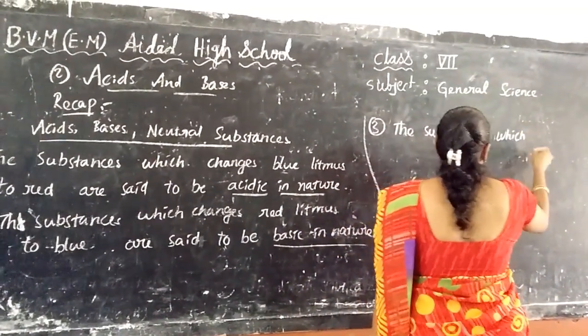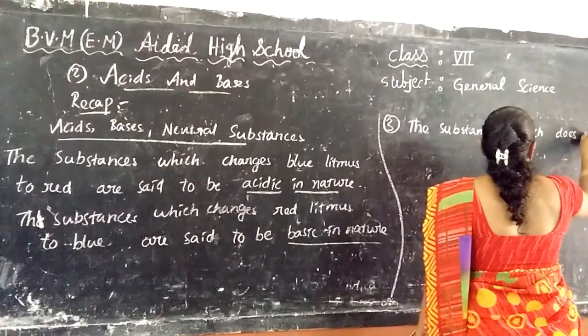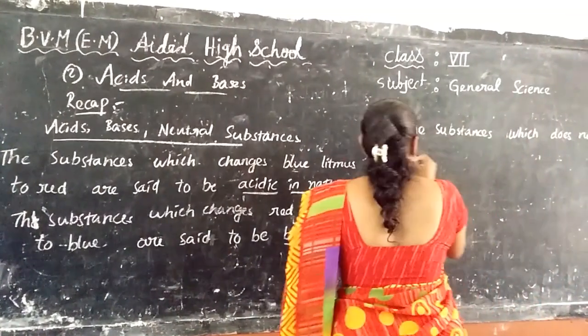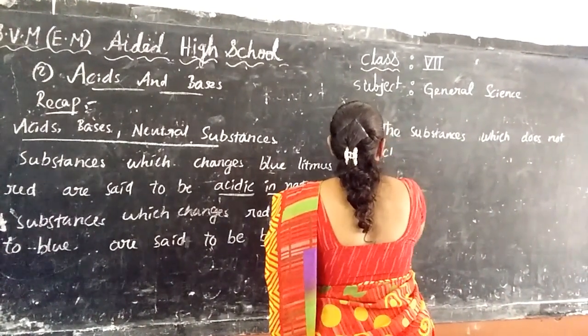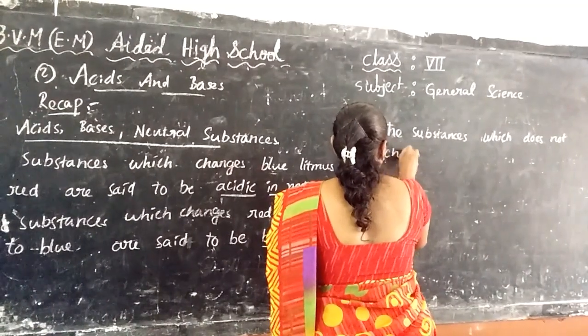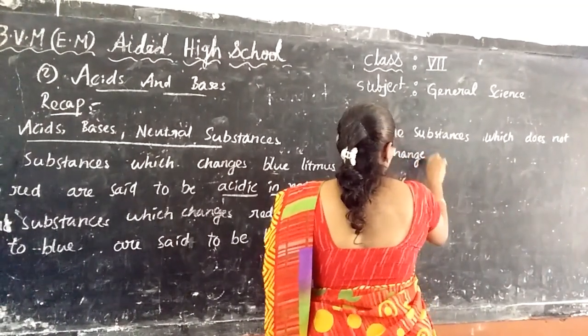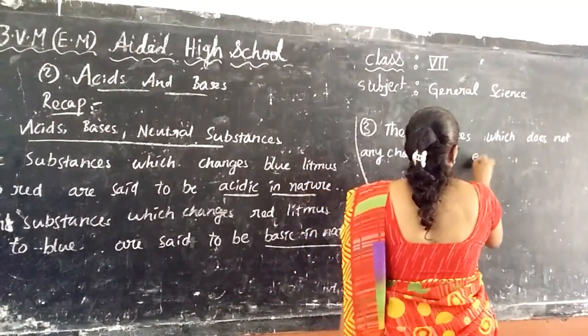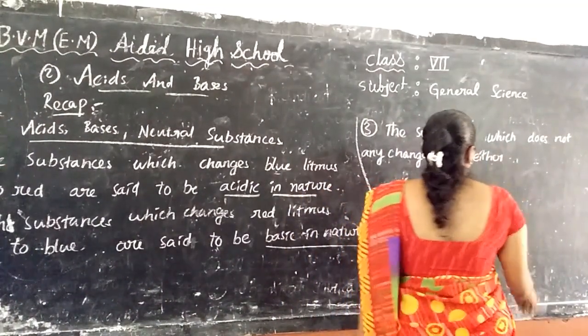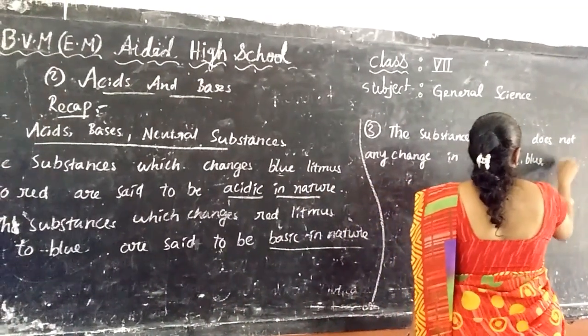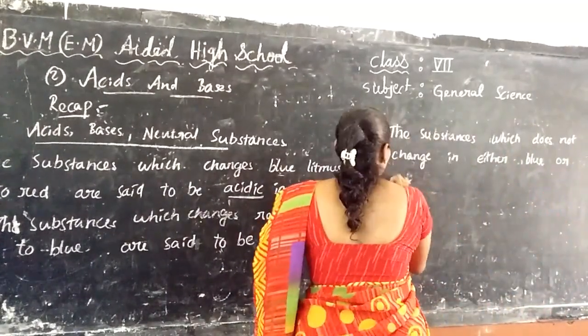Third type: substances which do not cause any change in either blue or red litmus.